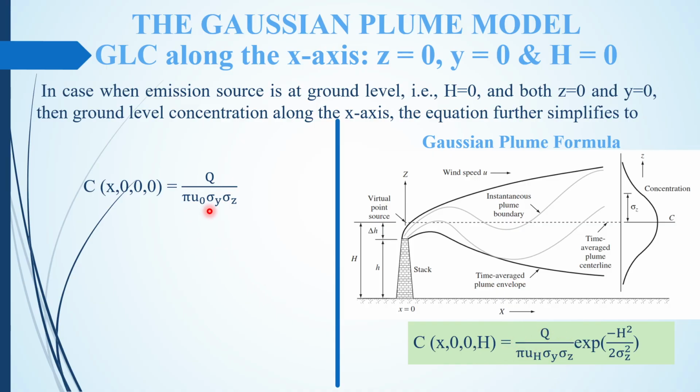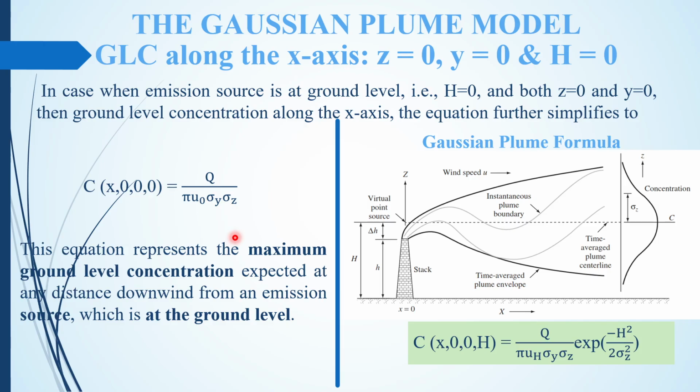So here I just changed u h with u 0, because u h is equal to u 0 since here the height is 0. So this equation represents the maximum ground level concentration expected at any distance downwind from the emission source, which is at ground level.